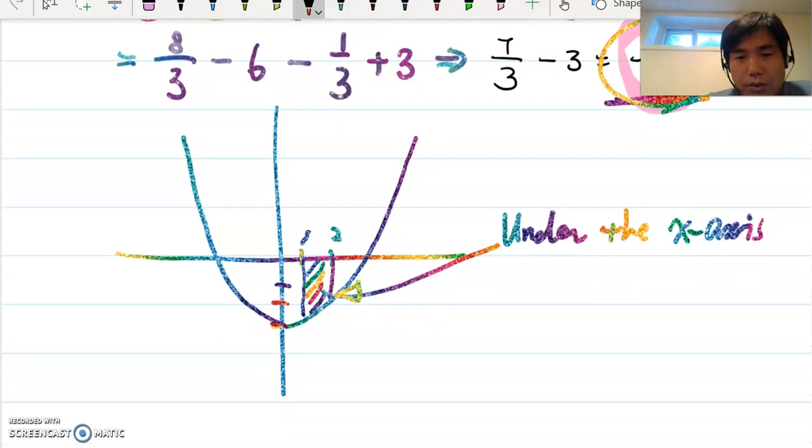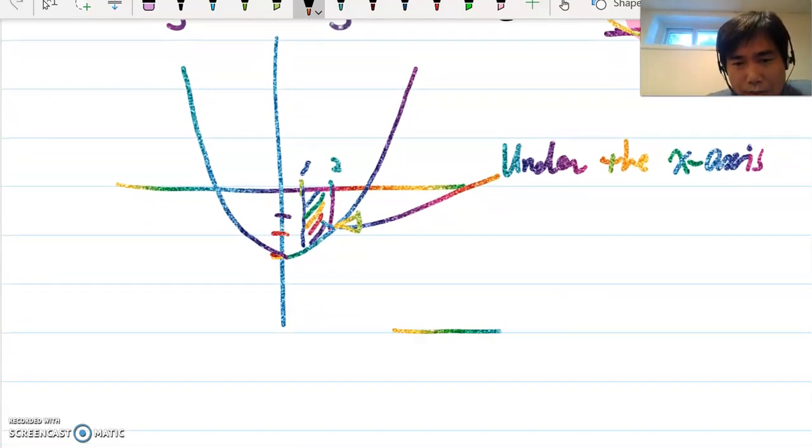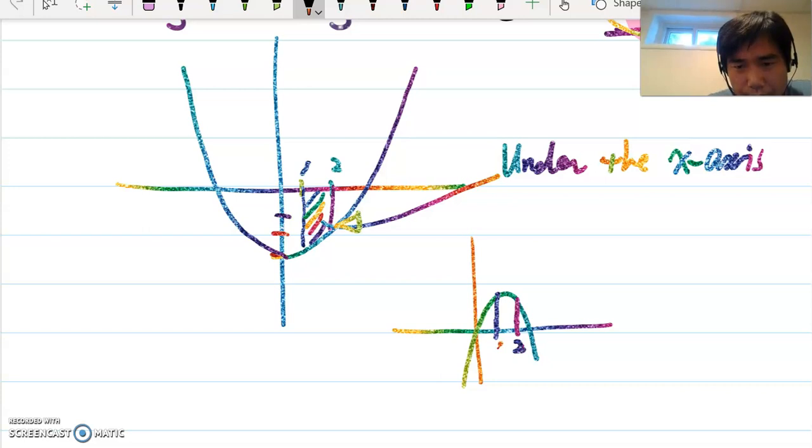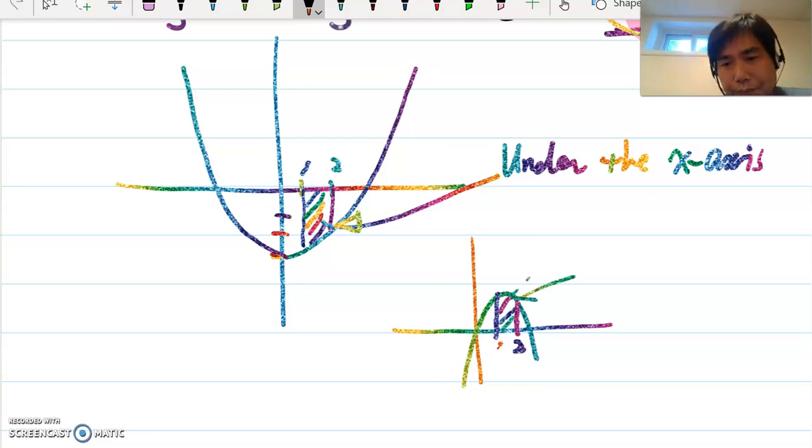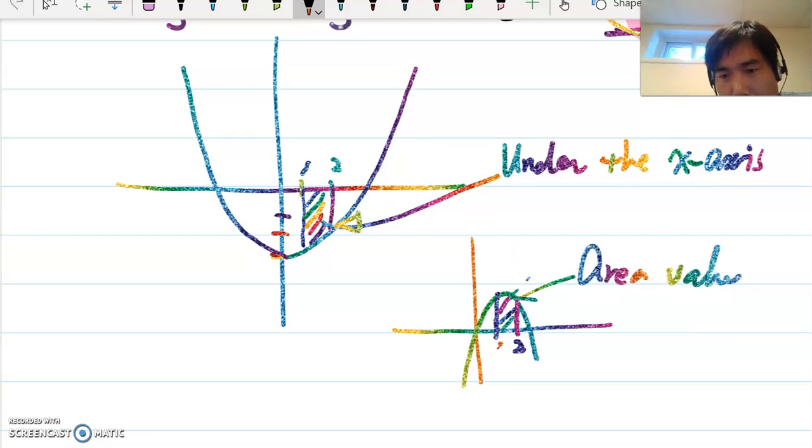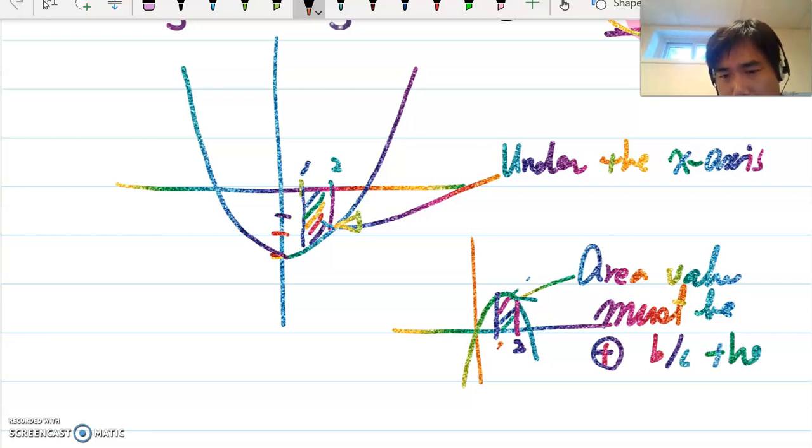What about the same thing, but just in case, I'm going to draw it like this, with 1 and 2 here, and then we go like this. Then this area value must be positive because the region is above the x-axis.